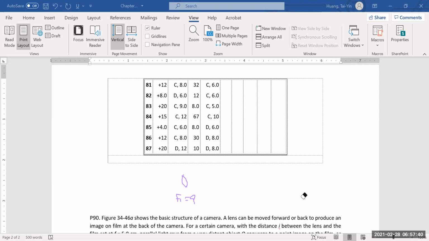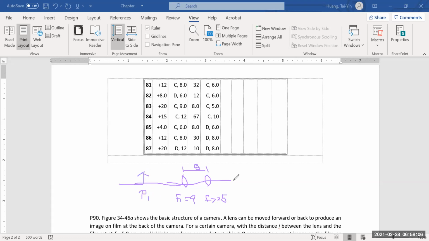The second lens is convergent, so you have your F2, which is 5. And the separation here is 8. Okay, and the object distance is 20. So this is your P1.